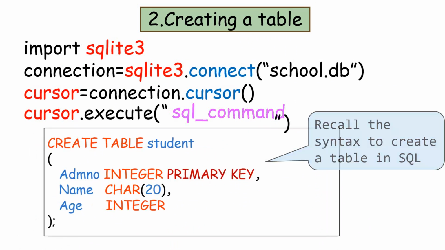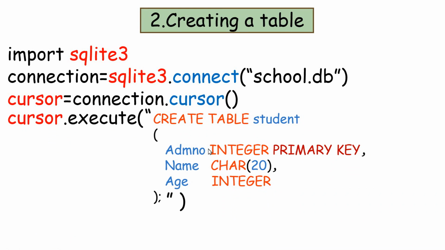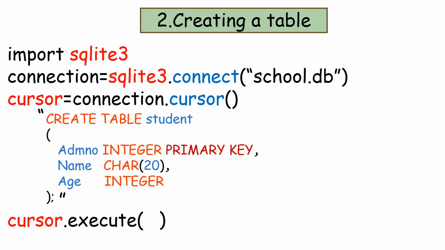So look at this. You can write the SQL command here directly in the execute function itself, or if you think it is more cluttered here, you can store this SQL command in another variable like this. For example, s = and the entire SQL command within quotes.